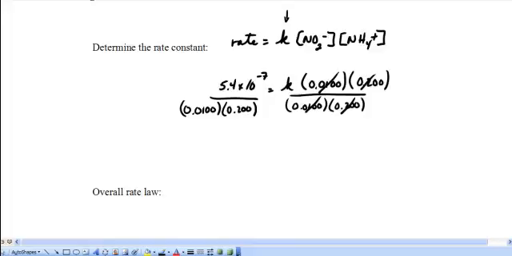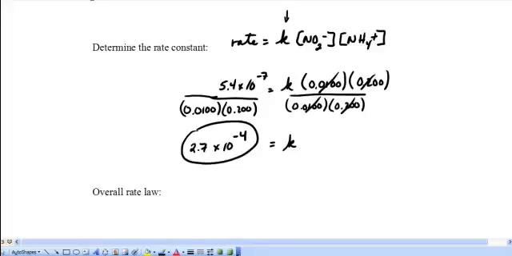You're left only with k, and now k is going to equal 5.4 times 10 to the negative 7 divided by this entire denominator, which is actually going to be 2.7 times 10 to the negative 4. So that would be the rate constant for this particular reaction at this temperature.